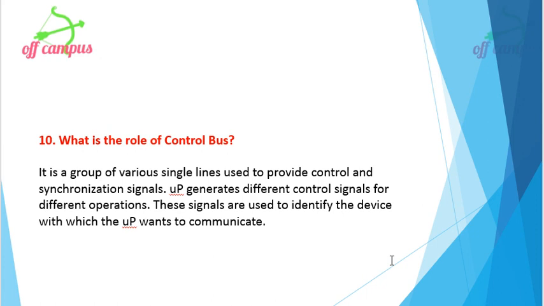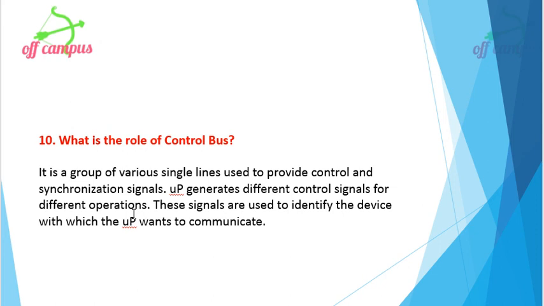What is the role of the control bus? The control bus is a group of various single lines used to provide control and synchronization signals. It is used to provide timing and synchronization signals, when and where to transmit information. The microprocessor generates different control signals for different operations.